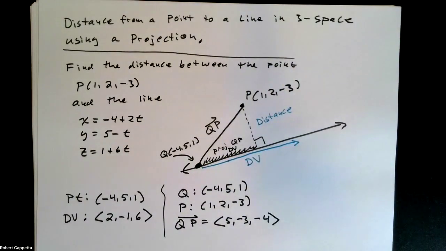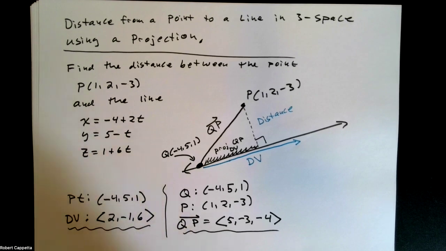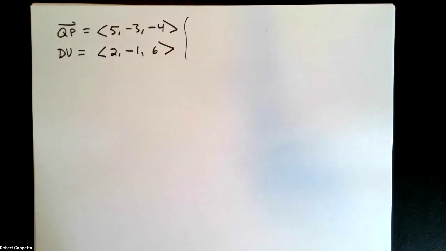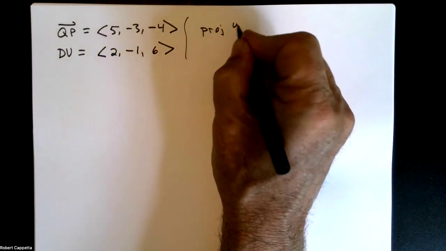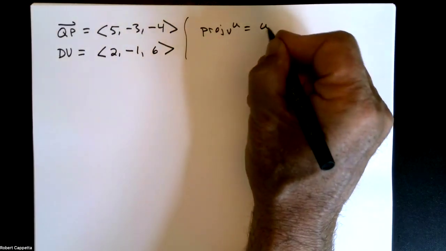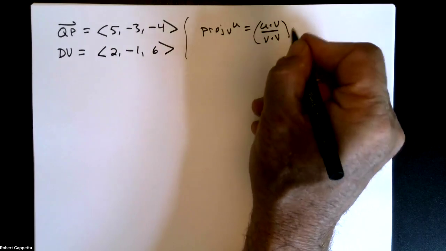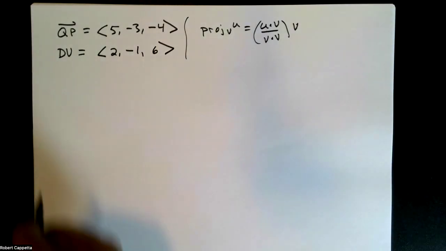I have QP, I have the direction vector. QP is here, direction vector is there. Let's go ahead and find the projection of QP onto dV. Let's remind ourselves of the rule. The projection of U onto V is U dot V over V dot V, times V. So in my case, I want the projection of QP onto dV.